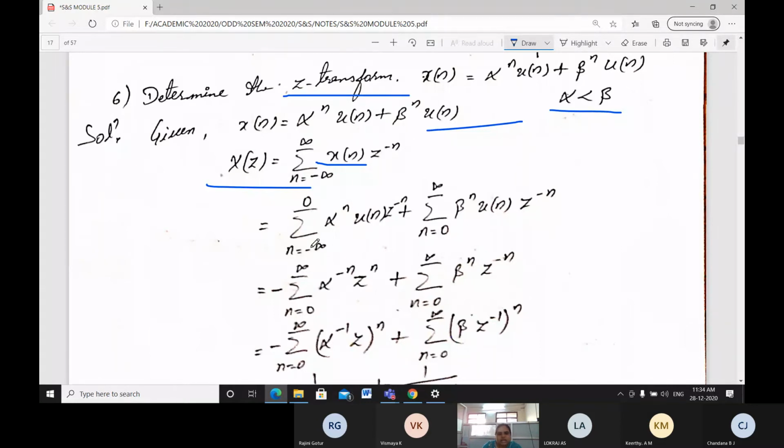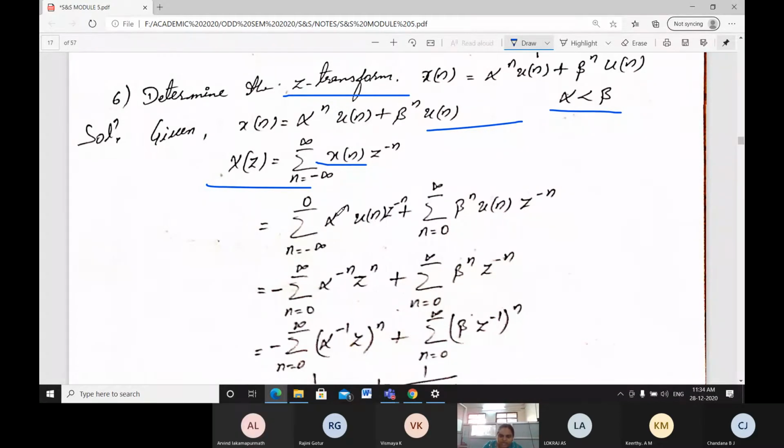After substitution, observe here alpha is less than beta, meaning the alpha values are going to exist in the left half side, and the beta values are going to exist in the right half side. For that reason, the limit is going to vary from minus infinity to 0.